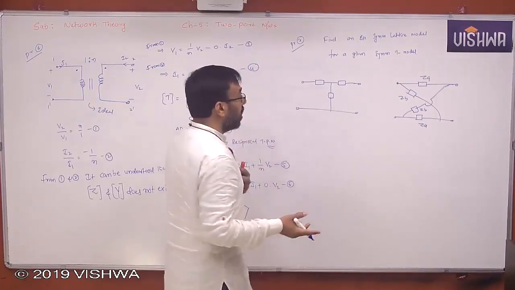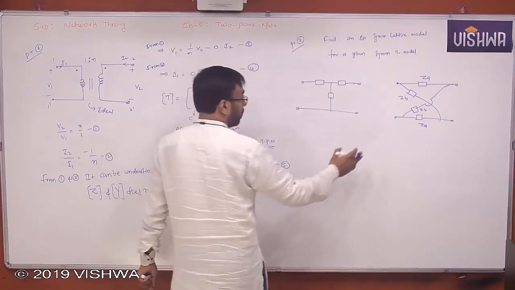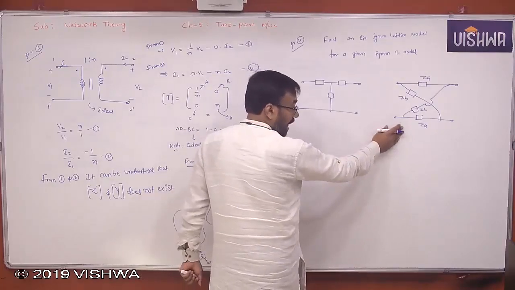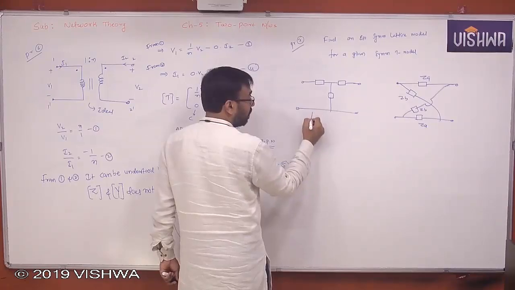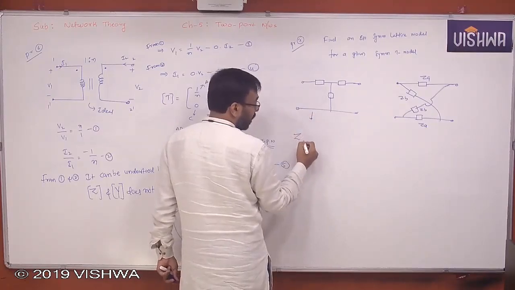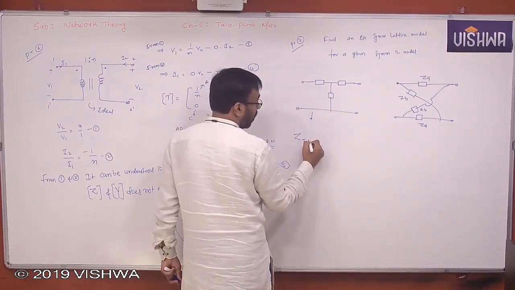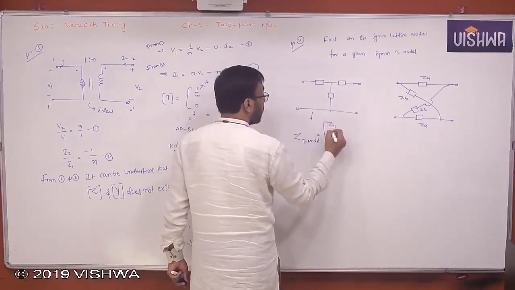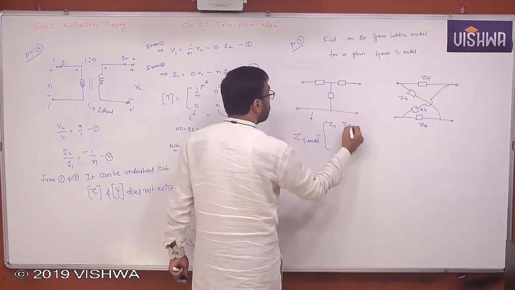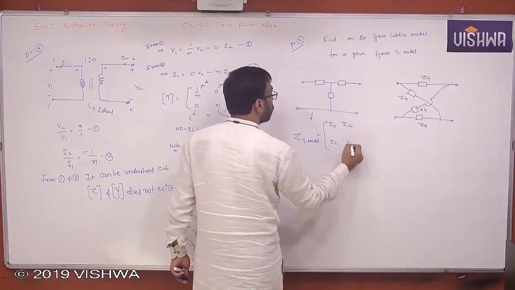We already determined the Z parameters of this particular lattice model. Let us assume that you are given the Z parameters of the T model: Z11, Z12, Z21, Z22.